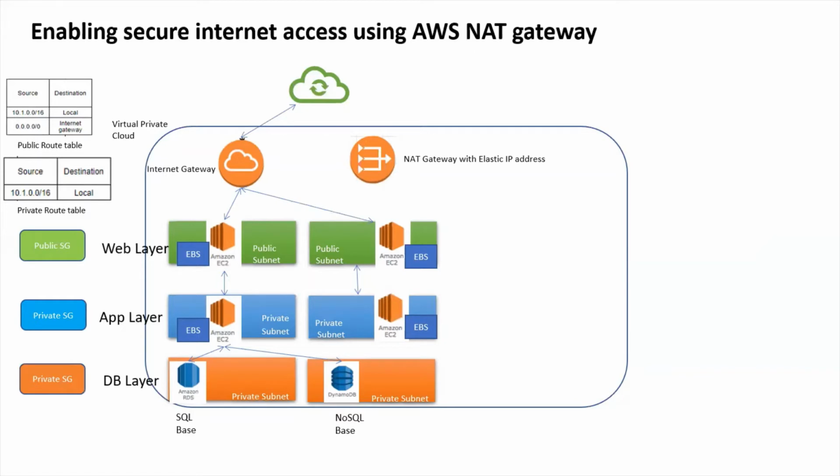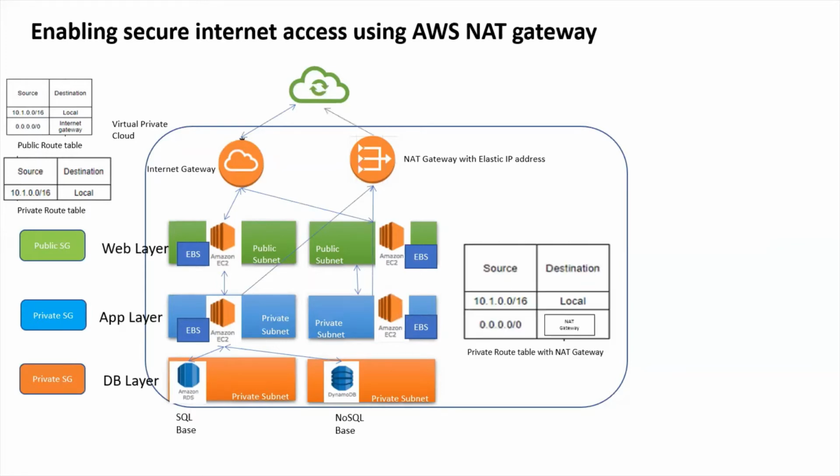We are going to install the NAT gateway with an elastic IP address, providing access for the private subnet towards the internet, and updating the route table using the NAT gateway. Now private subnet instances can access the internet through the NAT gateway for downloading patches and other essential items.